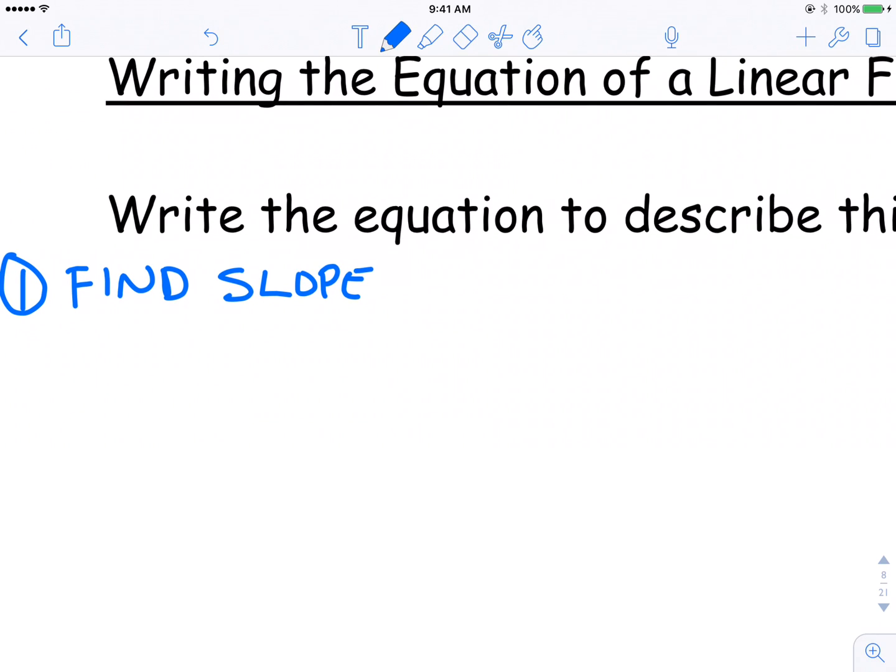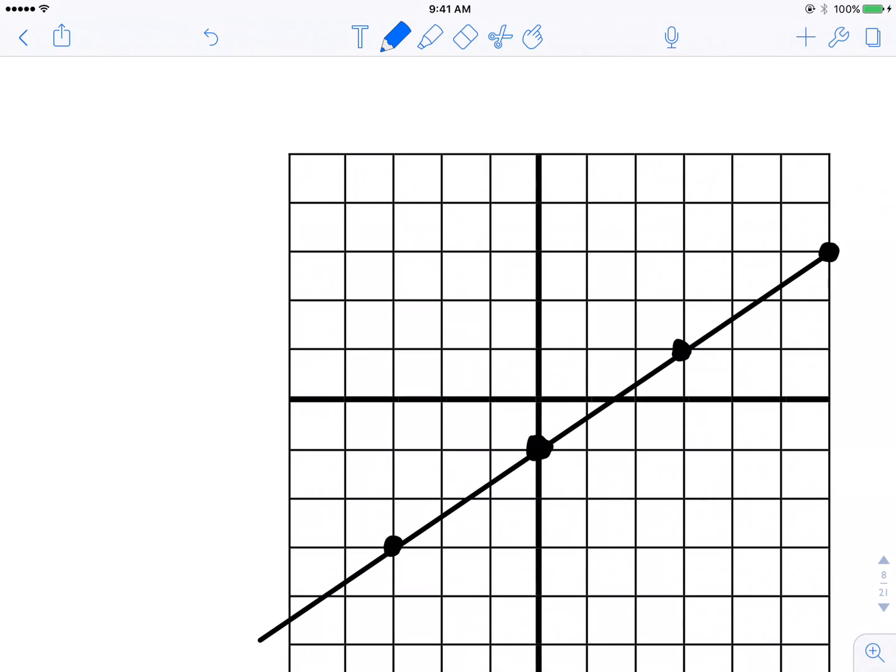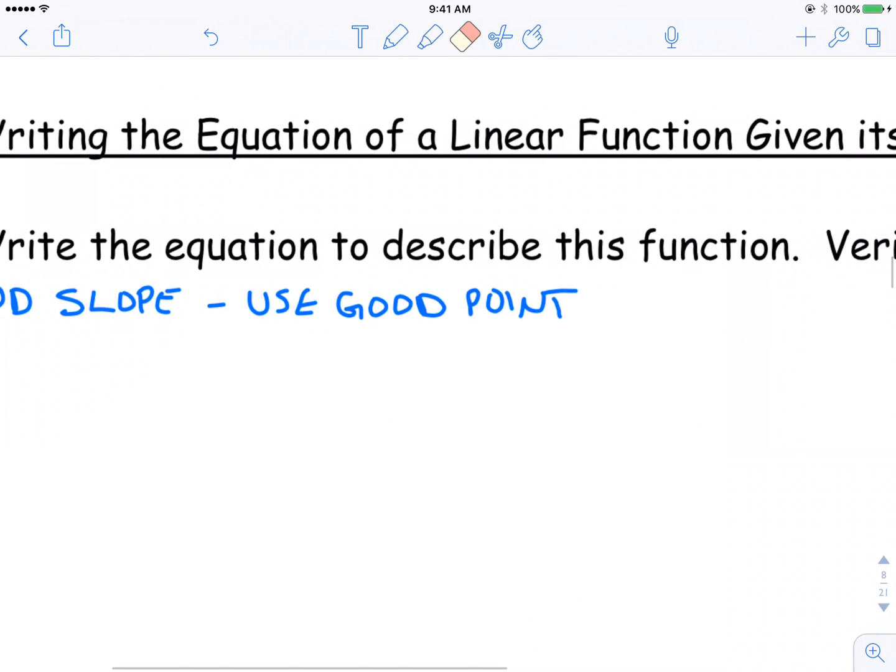If I'm going to count, I'm going to use good points. Good points are points that cross at nice intersections. Probably not a point right there, not a point right there. It'd be very difficult to figure out what those exact values would be. Okay, so I'm going to choose good points.